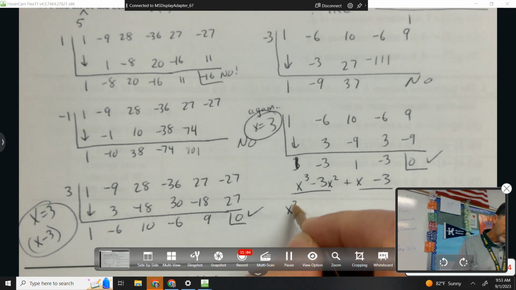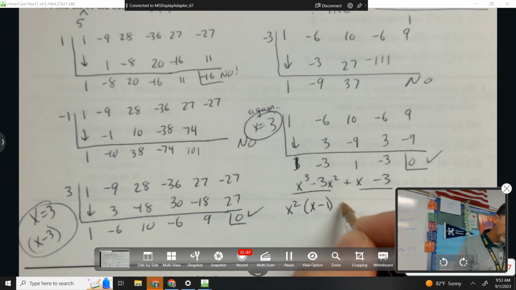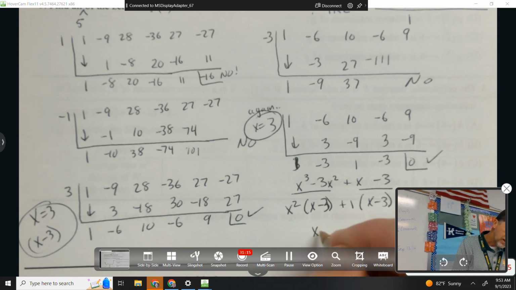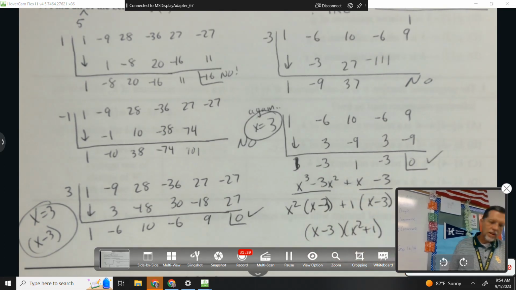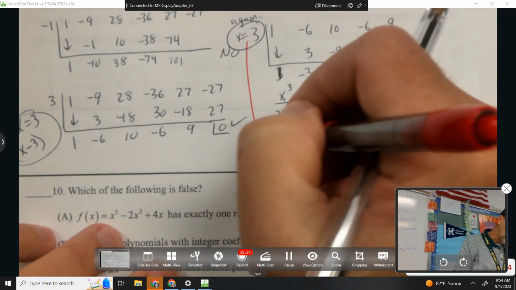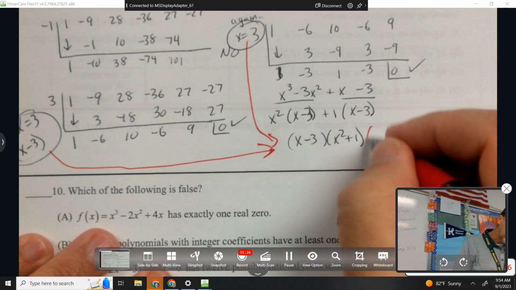So we factor out an x squared, that leaves x minus 3. Factor out a 1, that leaves x minus 3. And so x minus 3 and x squared plus 1. But don't forget, there are still 2 more x minus 3's that are factors.